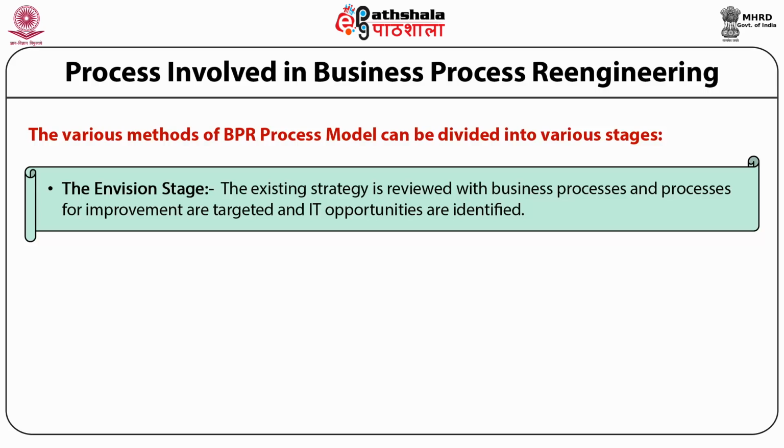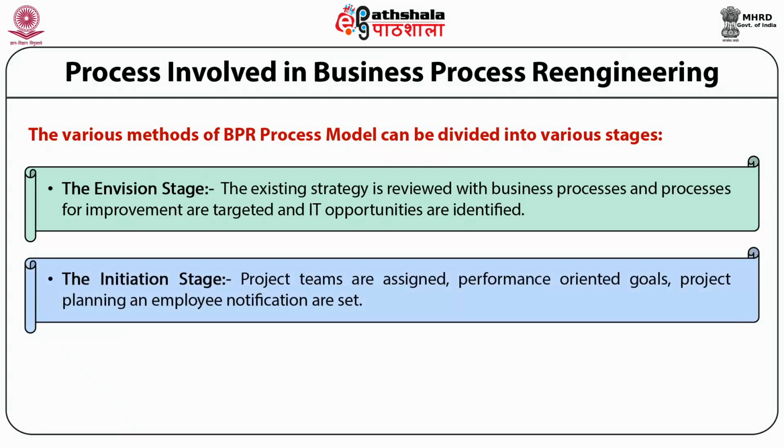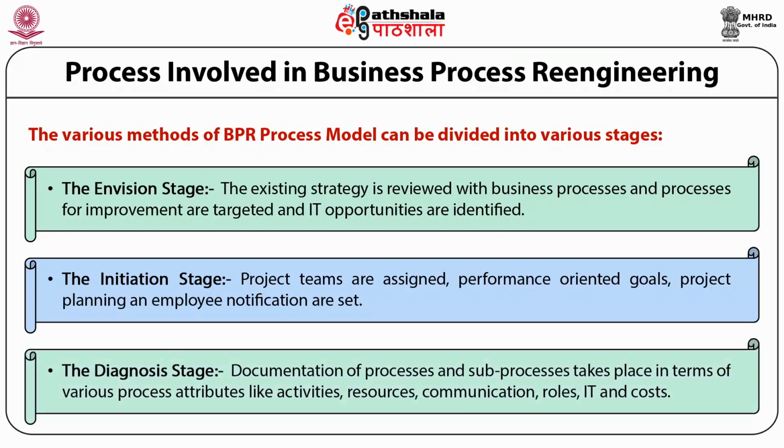The second stage, the initiation stage: project teams are assigned, and performance-oriented goals, project planning, and employee notifications are set. The diagnosis stage: documentation of processes and sub-processes takes place in terms of various process attributes like activities, resources, communication, roles, information technology, and cost.